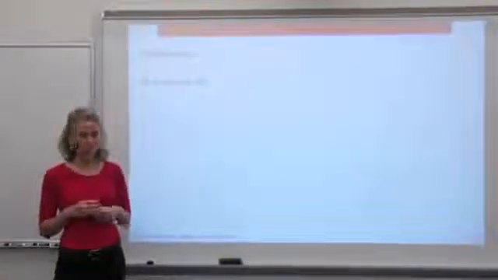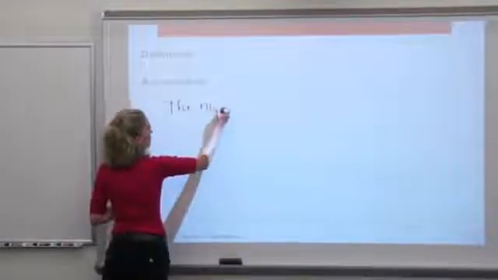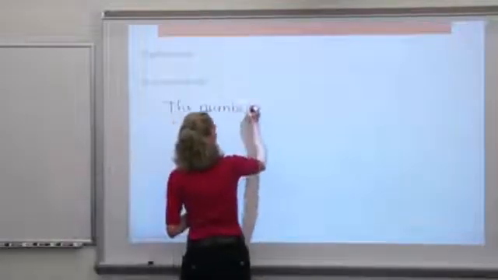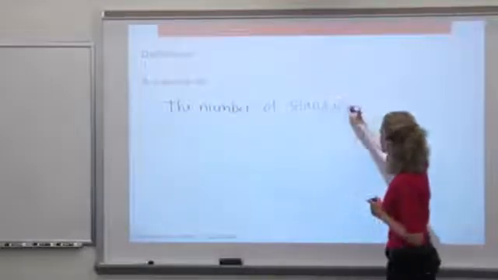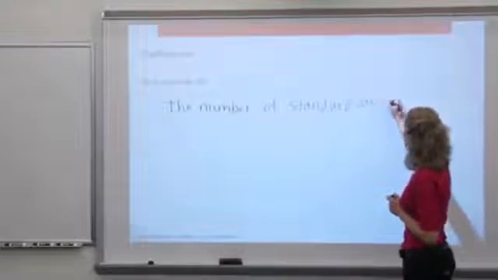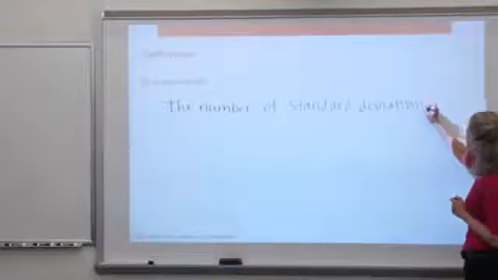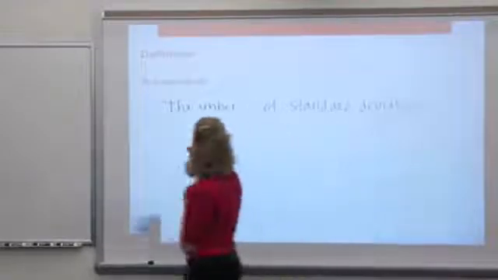So first off, just the definition of a z-score. A z-score tells you how many standard deviations a data value is away from the mean. So a z-score is the number of standard deviations a data value is from the mean.